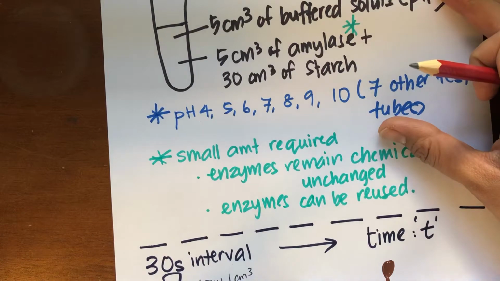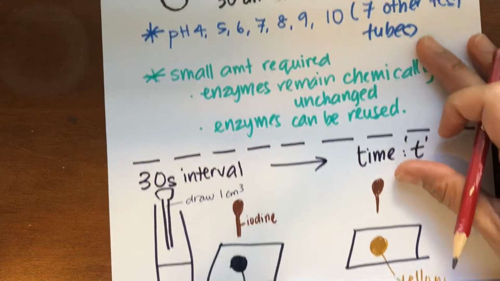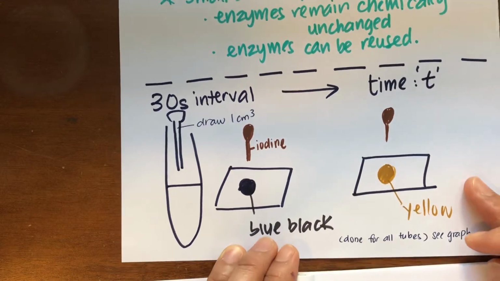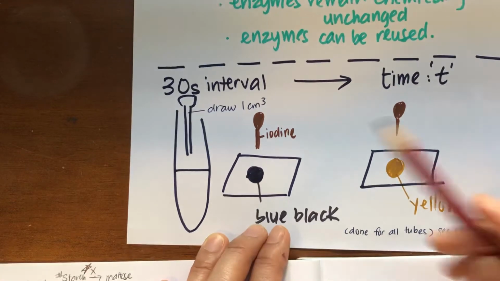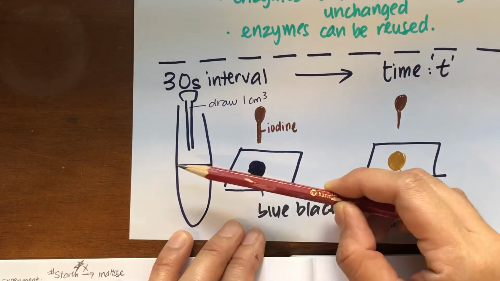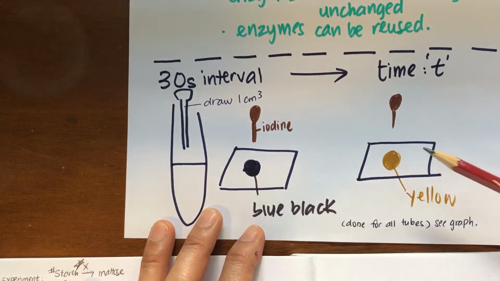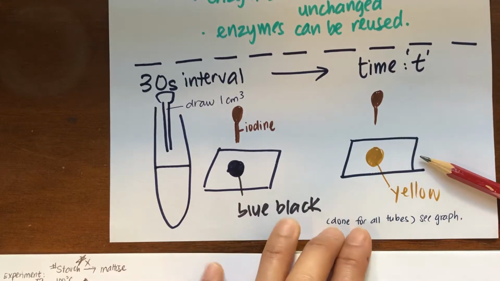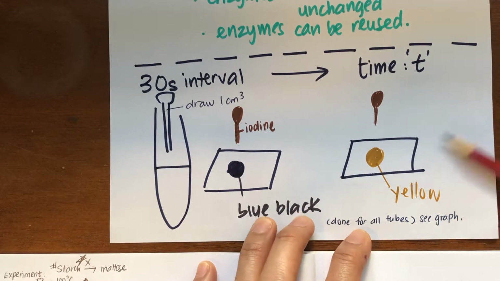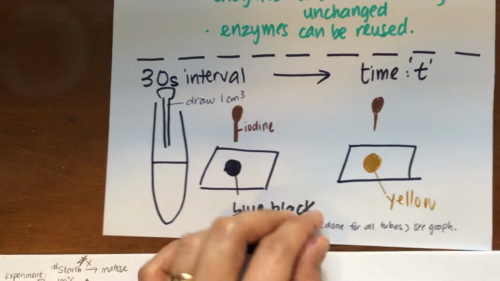So the other portion of the experiment is, this is what's happening when they start the time. Every 30-second interval, they take 1 cm cube and test for starch until the time they get a yellow or brown, which indicates that starch has been digested.